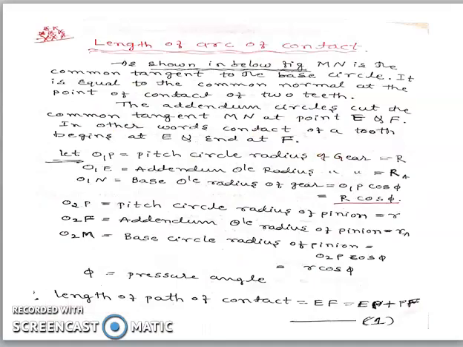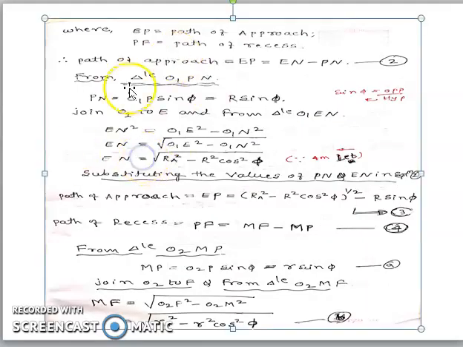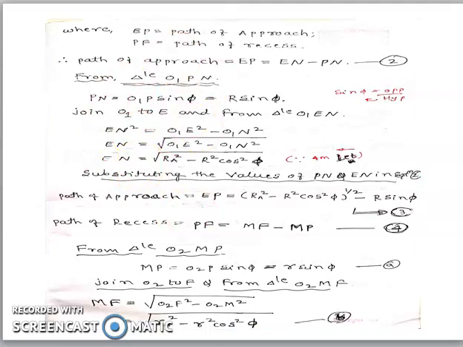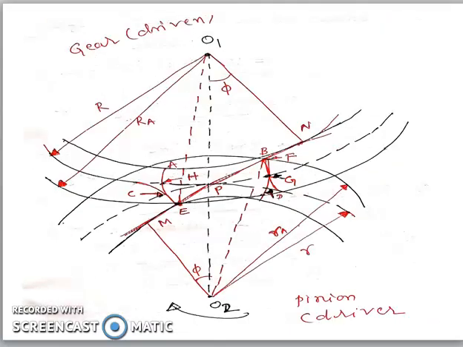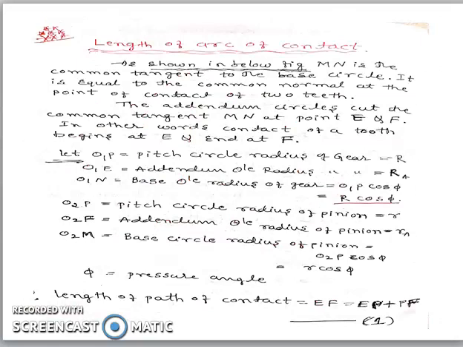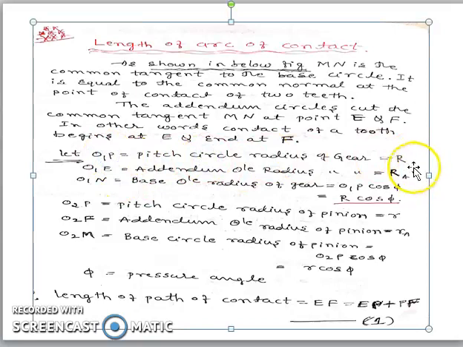Before going to the next thing, I will tell what the important bits are that need to be noted. Let O1P be the pitch circle radius of the gear; in future we remember it as capital R. O1E is the addendum circle radius of the gear, represented as capital RA.